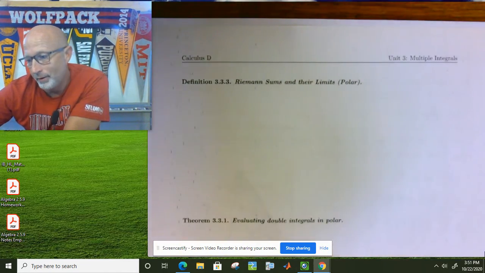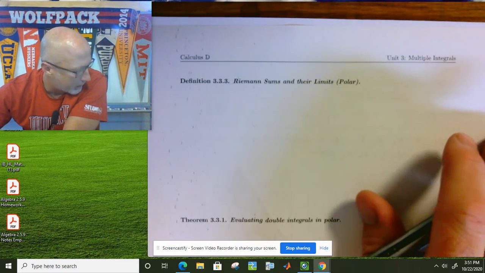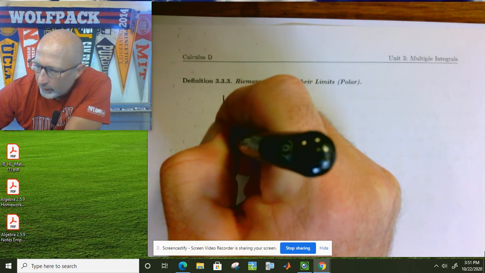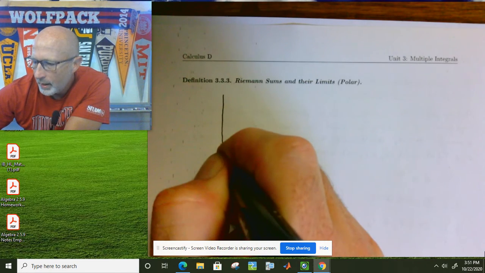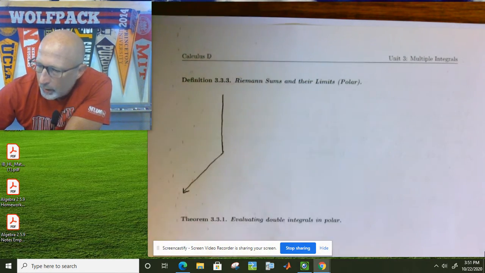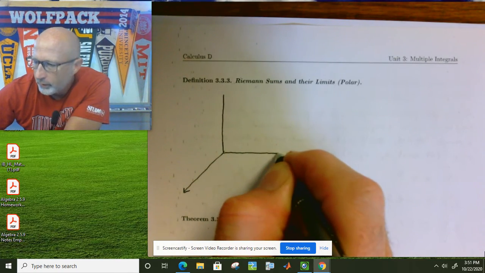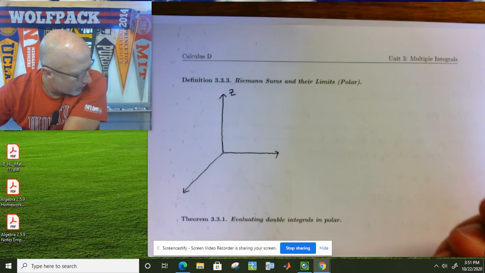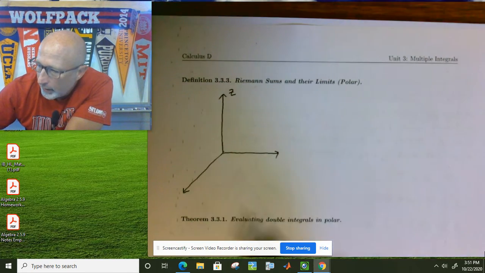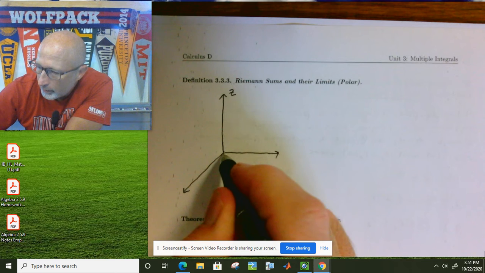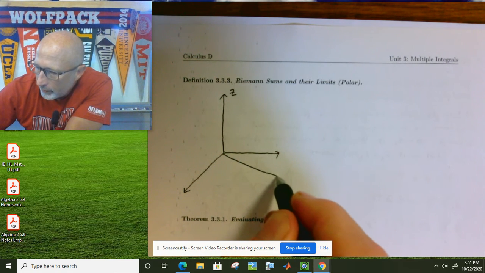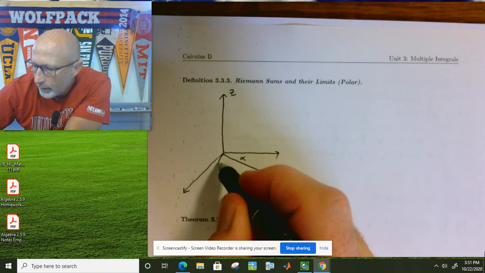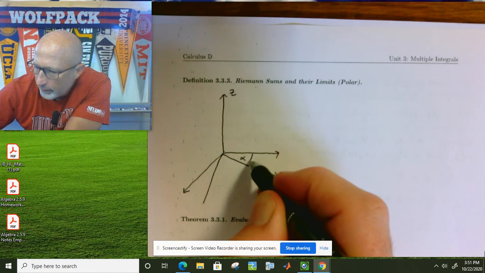We have to be careful here, and this is where we're going to get into our artistic ability. So I have some sort of a three-dimensional graph. Once again, I know that this is not a polar plane, but I'm putting it on there so you guys understand what it looks like. This is my Z. And I have some sort of an angle right here that comes out, and this is going to be alpha.